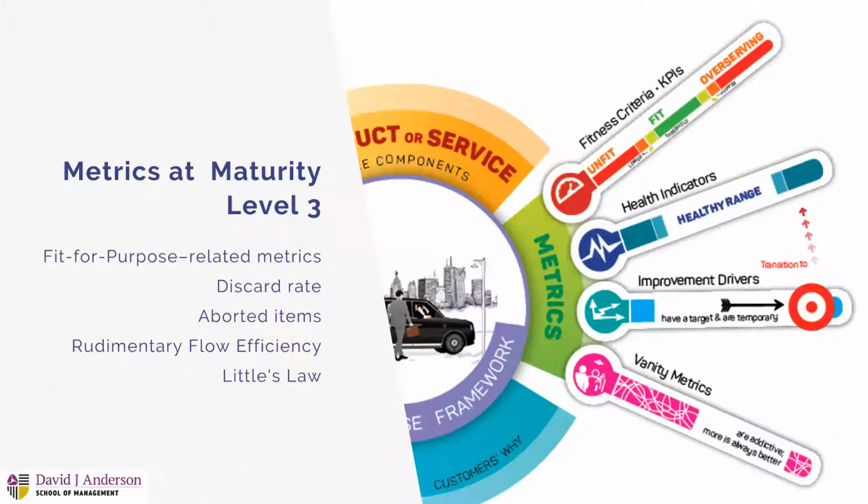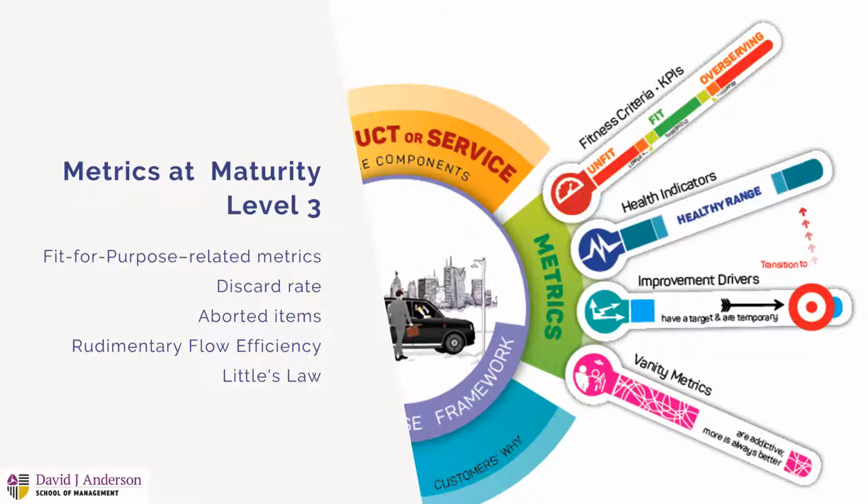Metrics at maturity level 3. So at maturity level 3, we start to collect fit for purpose related metrics. What you can see here is part of our poster, another one which I have here on the wall. And I'm not going to spend too much time on it right now because in a month's time we have a fit for purpose webinar, so we'll be talking specifically about it. What else?